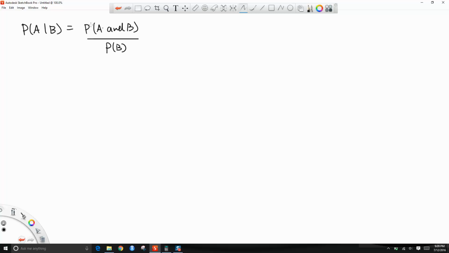Well, if I multiply both sides of this equation by the probability of B, I would get the probability of B times the probability of A given B is equal to the probability of A and B. The labels of A and B are completely arbitrary.